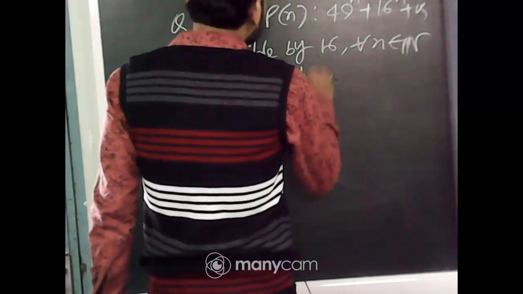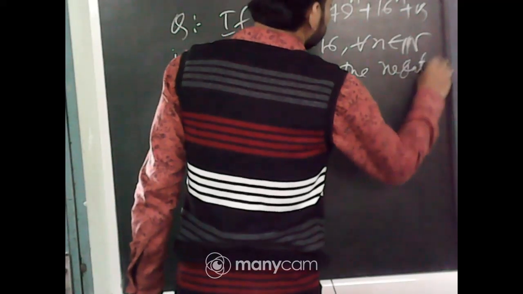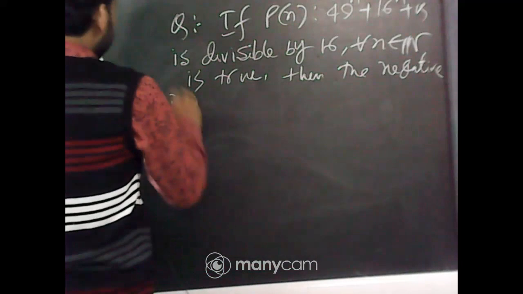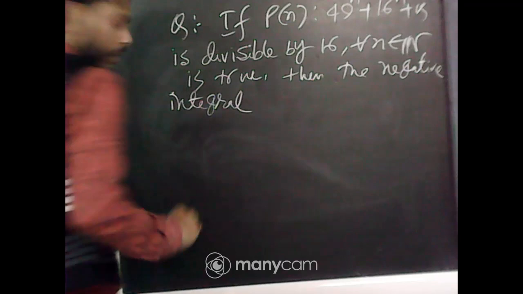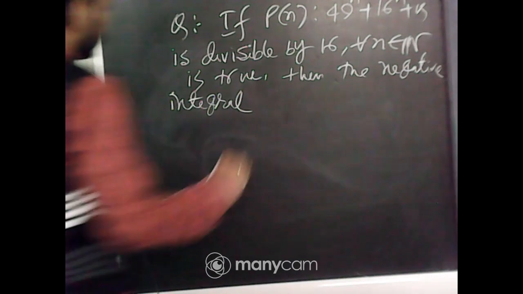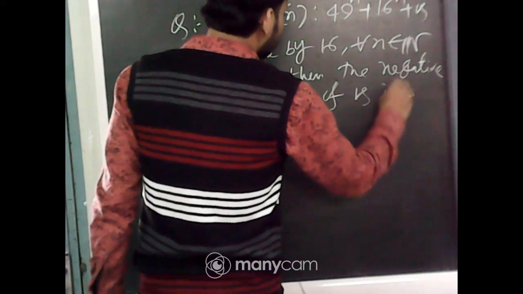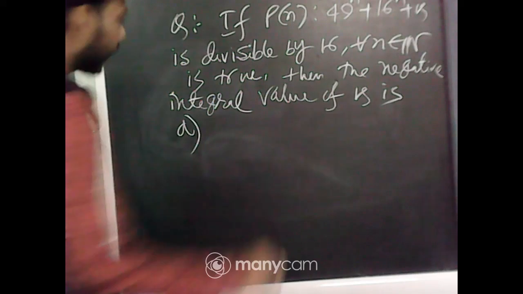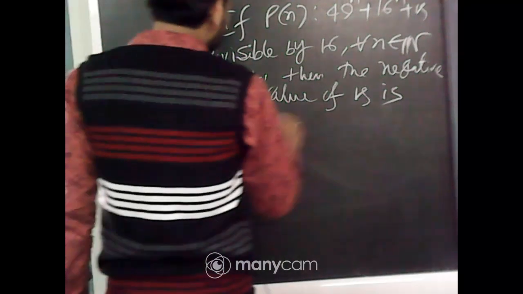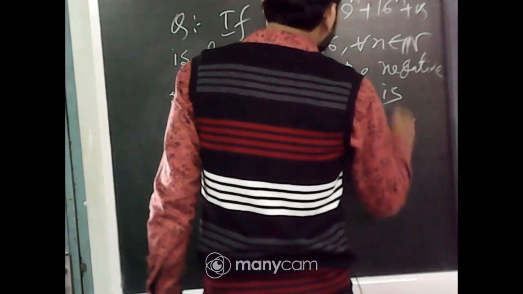The negative integral value of k is, the options are -2, -3, -4, -1.